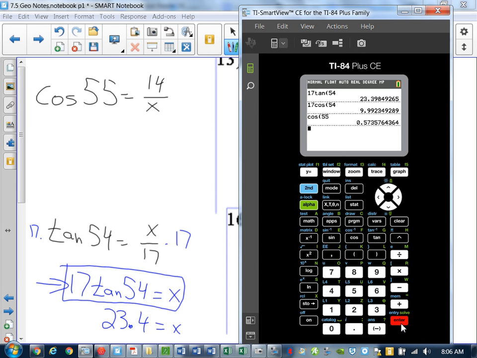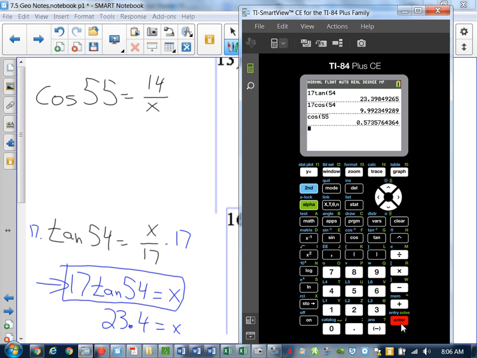Now, these trig values, these trigonometric functions, sine, cosine, tangent, are the equivalent of some number divided by some other number. It's just a fraction. Remember, fractions are decimals. We just write them out, and they're cleaner as fractions.